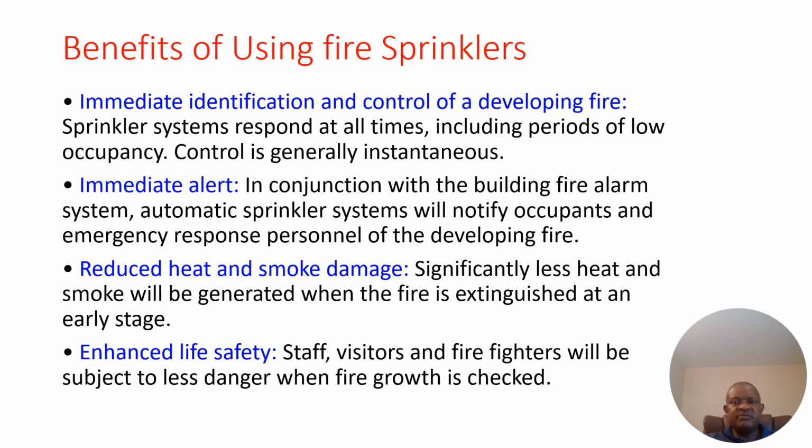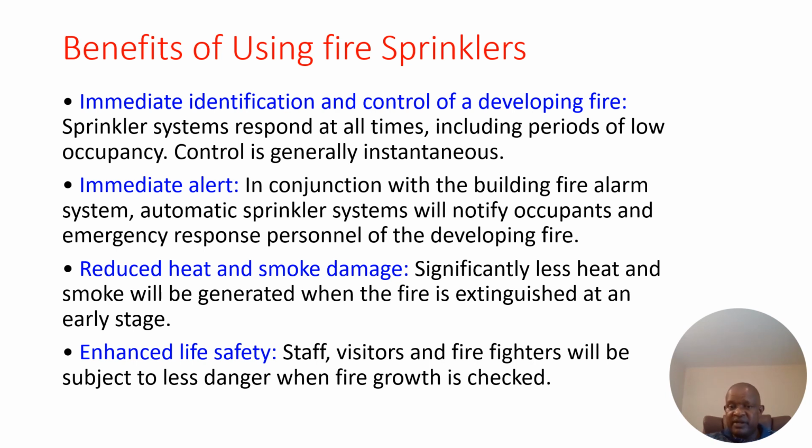In conjunction with the building fire alarm system, automatic sprinkler systems will notify occupants and emergency response personnel of the developing fire. Reduced heat and smoke damage. Significantly less heat and smoke will be generated when the fire is extinguished at an early stage. And then also enhanced life safety. Staff, visitors, and firefighters will be subject to less danger when the fire growth is checked.